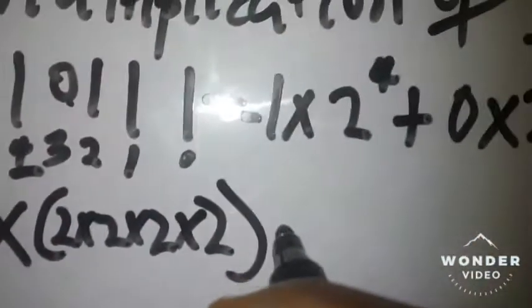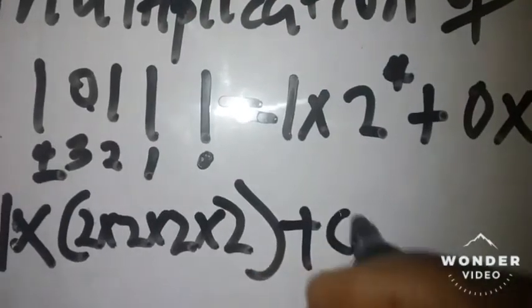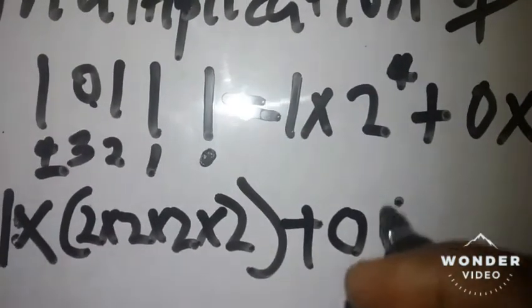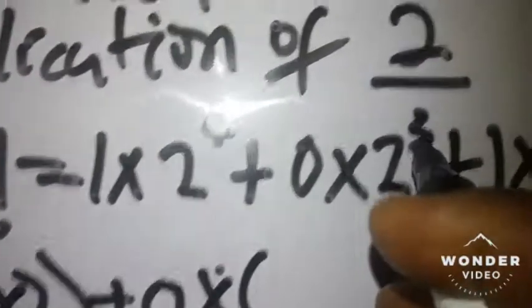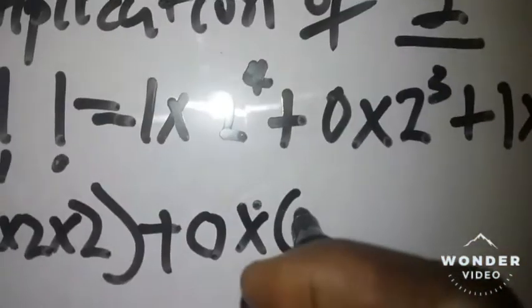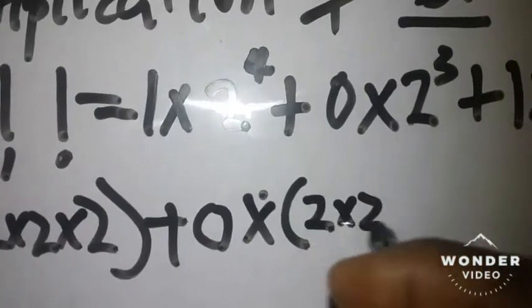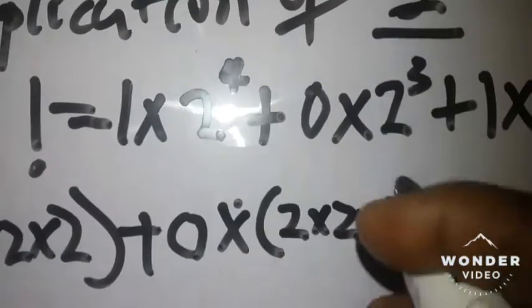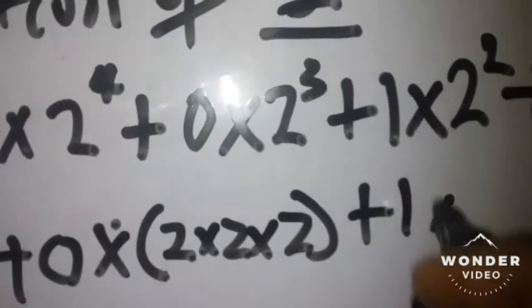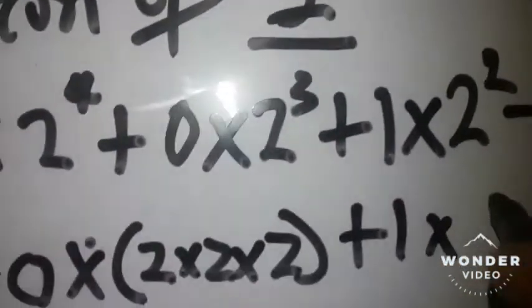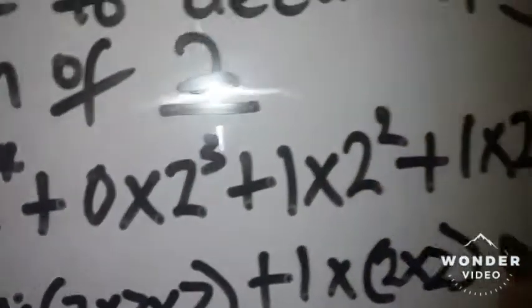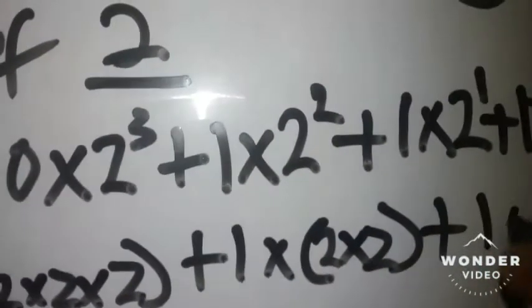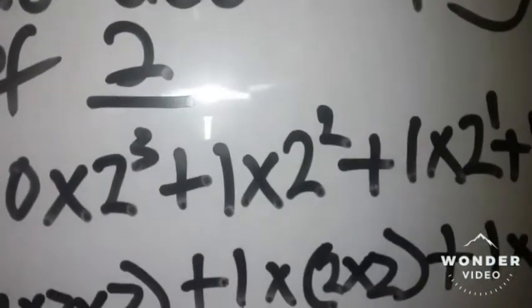You go to the next. Plus 0 times, open your bracket, 2 in 3 places: 2 times 2 times 2. Plus 1 times 2 in 2 places. Open your bracket, 2 times 2, plus 1 times 2 in just 1 place, that is 2.